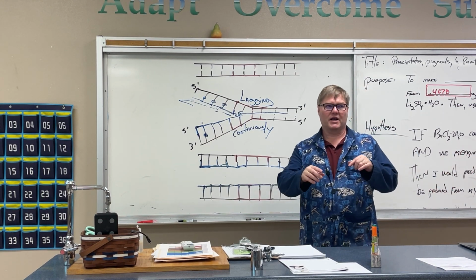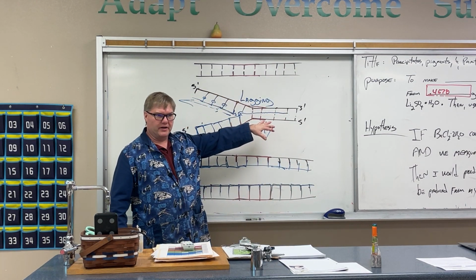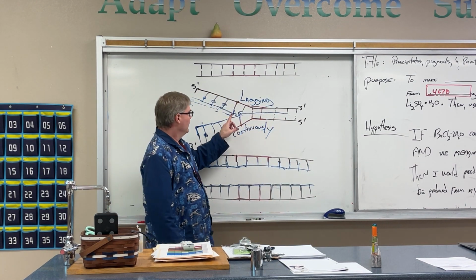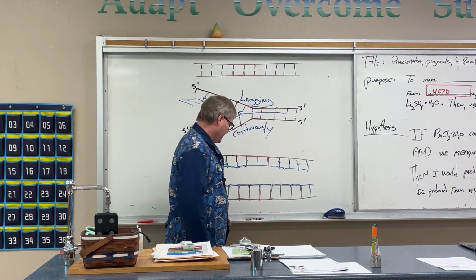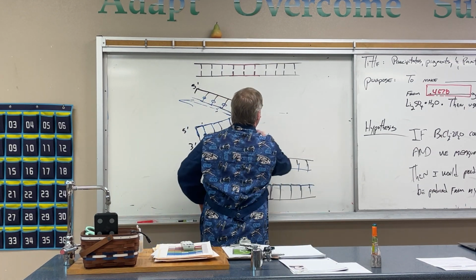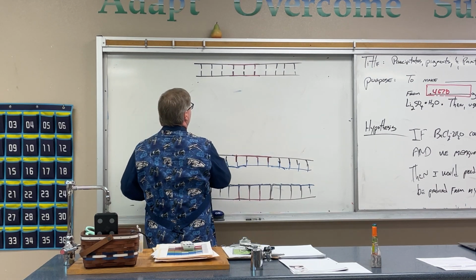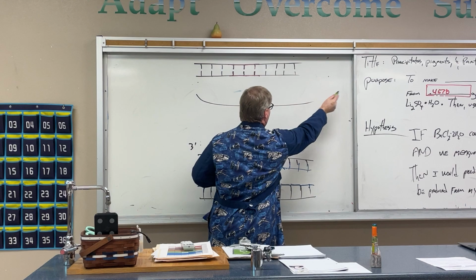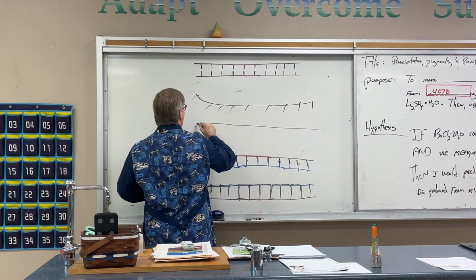Okay, now what I will add to this is this entire process would be unnecessary if the DNA could get completely unzipped first. So if the DNA got completely unzipped first, what you'd end up with is, it's getting unzipped, there it is, it got unzipped.